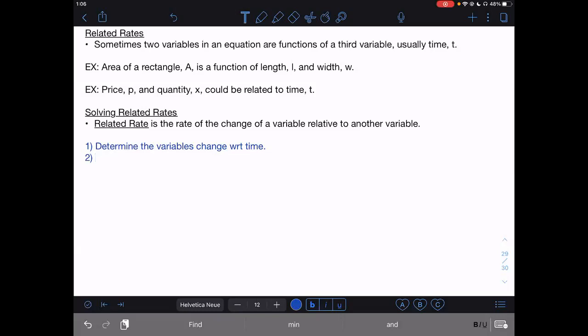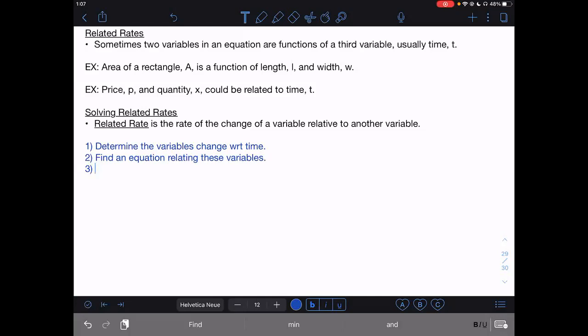Second step, let's define an equation that is relating these variables. Usually it's an equation relating our two variables of interest.